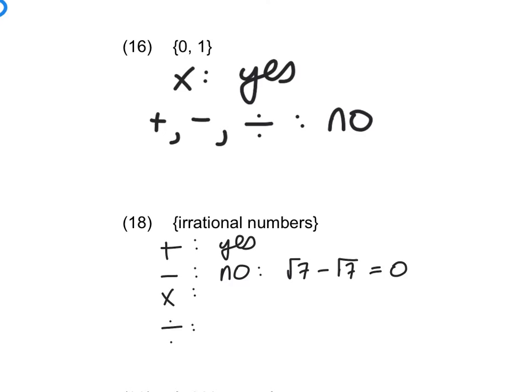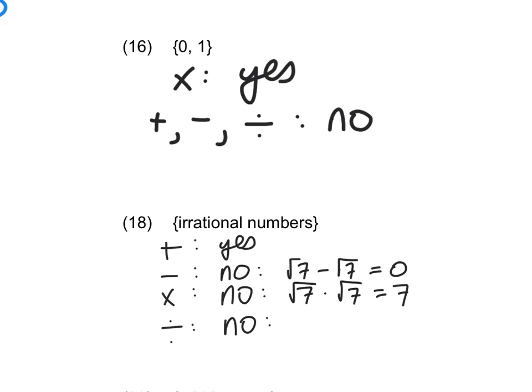Division. Oh, wait. I don't know why I wrote yes. That was weird. I'll write the counterexample. Division is also no. Why do we say no for division? Exactly. That's what I was thinking.